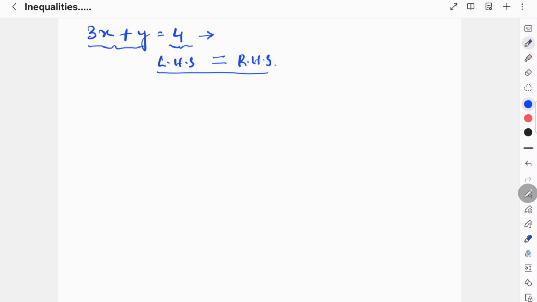Now suppose we have a situation where the left hand side is greater than the right hand side. So this becomes an inequality because we know the left hand side is not equal to the right hand side here. It is greater.